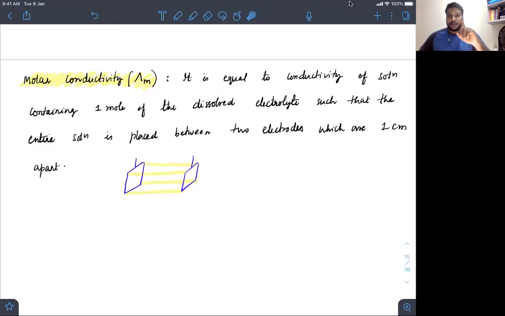And how many moles? 1 mole. If I take 1 mole of an electrolyte and keep it between these electrodes, separated by one unit distance, that could be 1 centimeter or 1 meter, depending upon whatever we describe. Usually 1 unit distance: in CGS units, you will say 1 centimeter. If it is in SI units, we'll say it is 1 meter distance. Then the amount of conductivity observed is defined as molar conductivity.